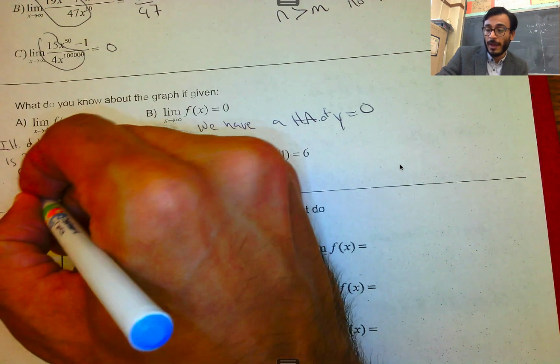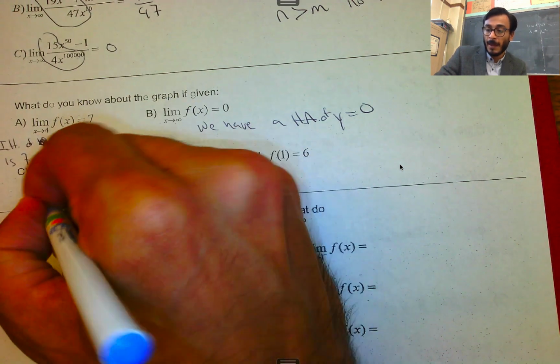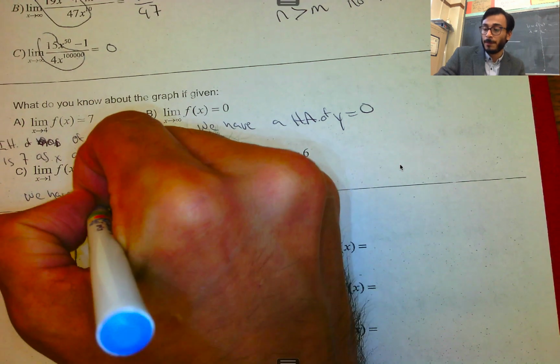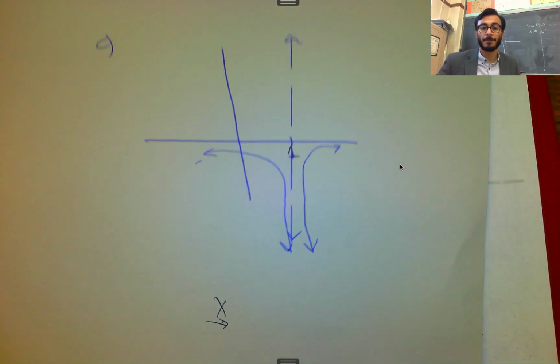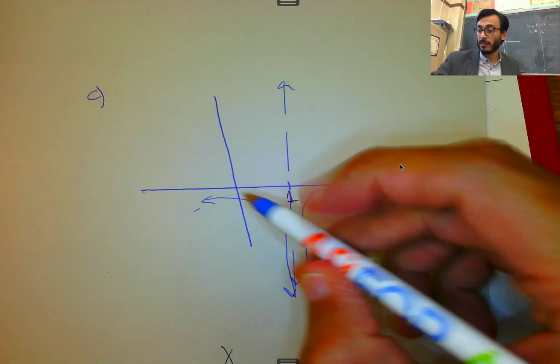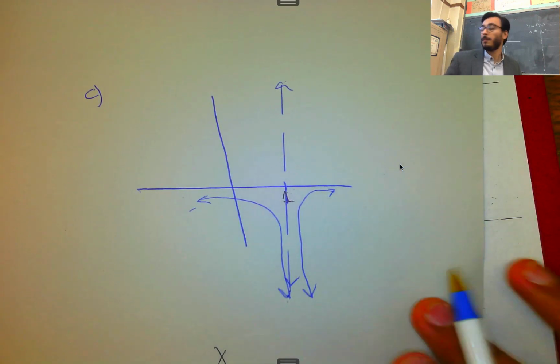So this is saying we have a vertical asymptote at x equals 1. So what could that graph look like potentially? It could potentially look like something like that. Right, so as x approaches 1, the graph goes down to negative infinity.